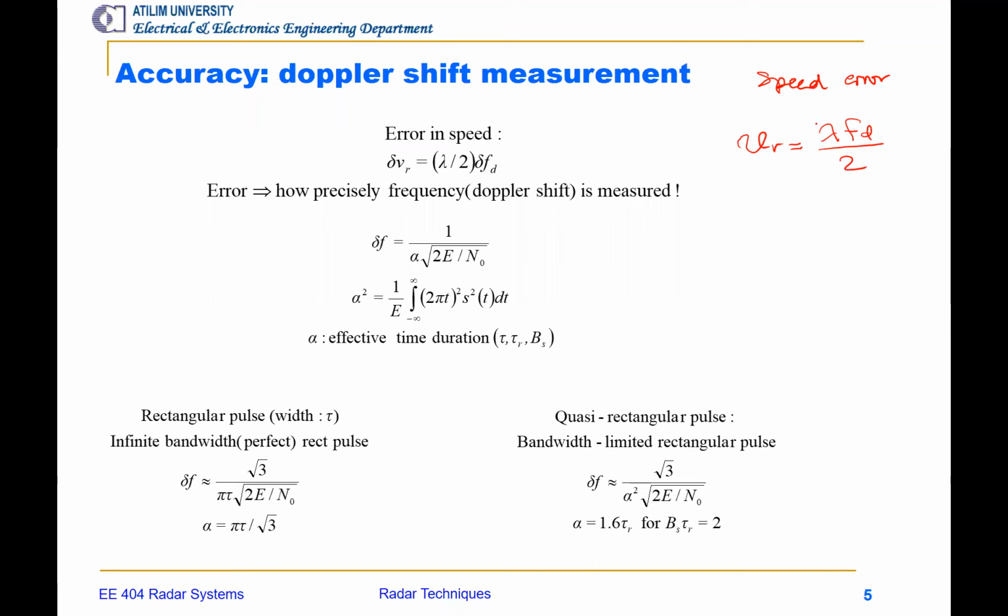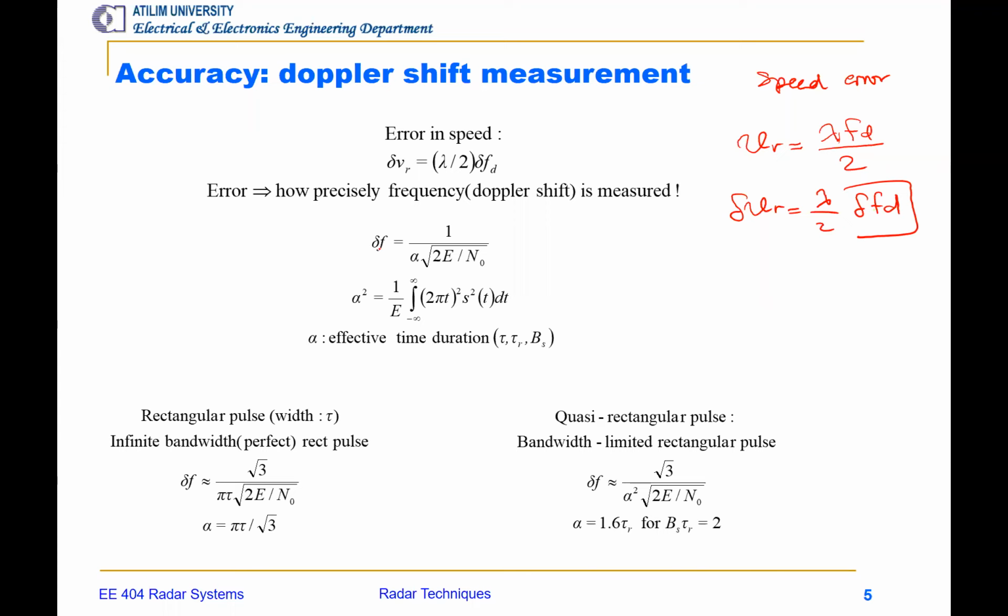Now, the wavelength is constant, so if there is an error in the speed, it's going to be about the error of the Doppler shift. Okay, so we use the same development, the same methodology as in the range error derivation.